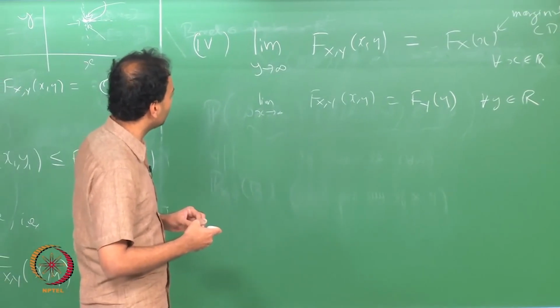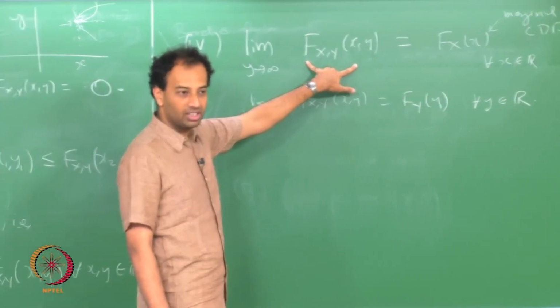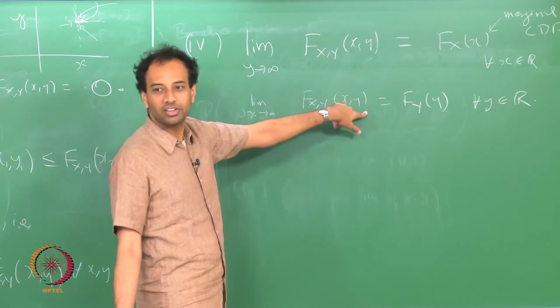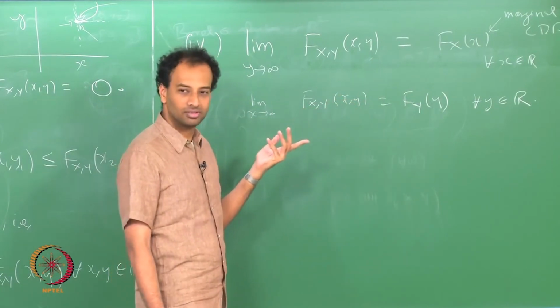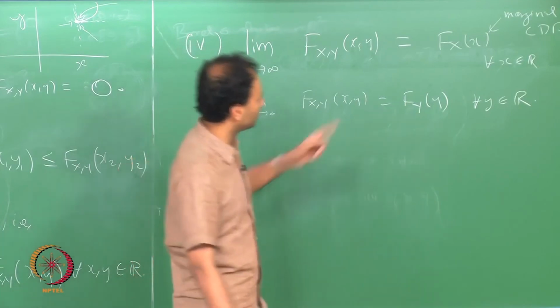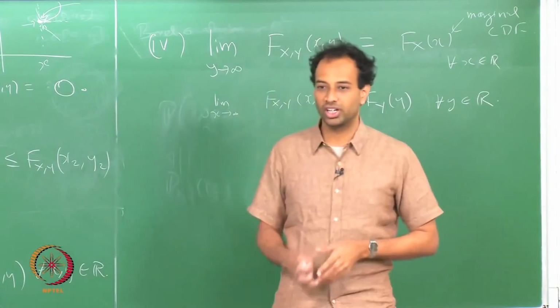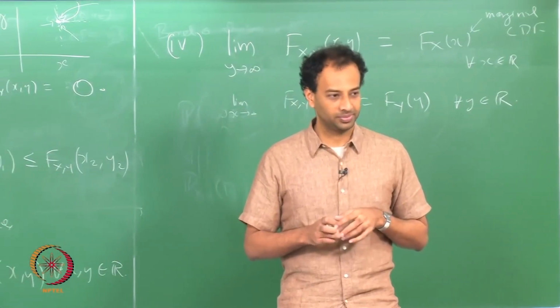So given the joint CDF, I can determine the marginal CDFs, the separate CDFs of x and y, but the opposite is not true. Given the marginals separately, there is no way to figure out the joint CDF.